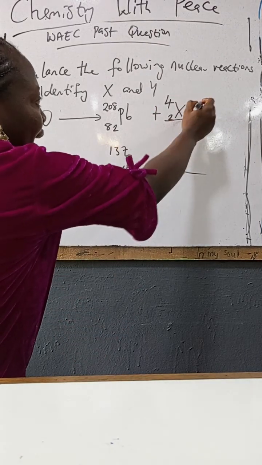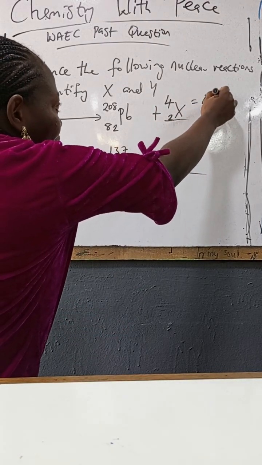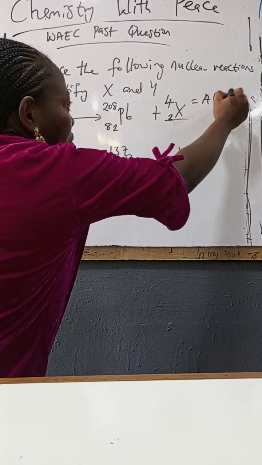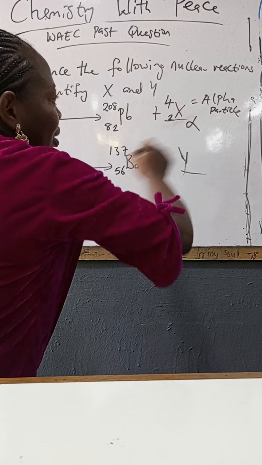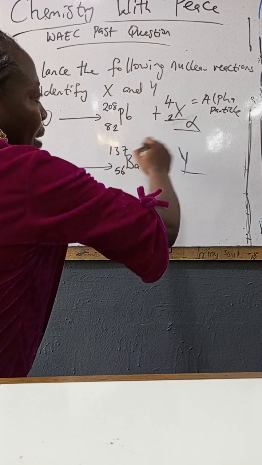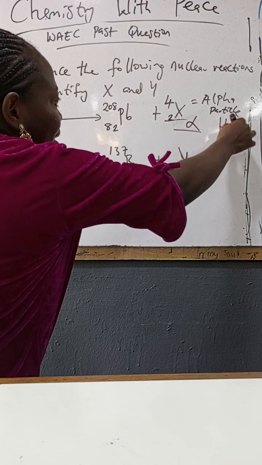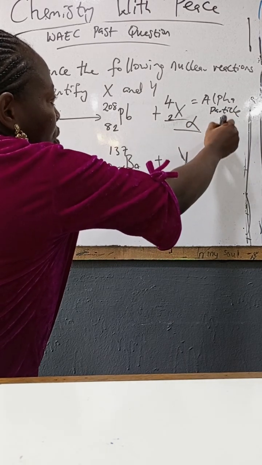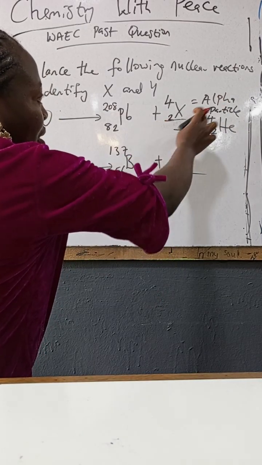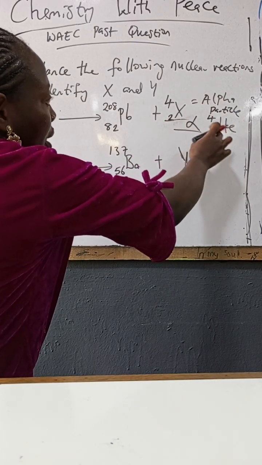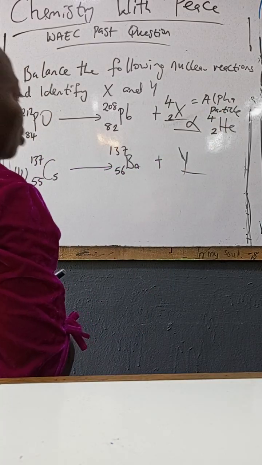That means this X is an alpha particle. And the alpha particle, this is the symbol for alpha particle, always represented with helium 2, 4. So this is our answer. Our X is what? Alpha particle, helium 4 and 2.